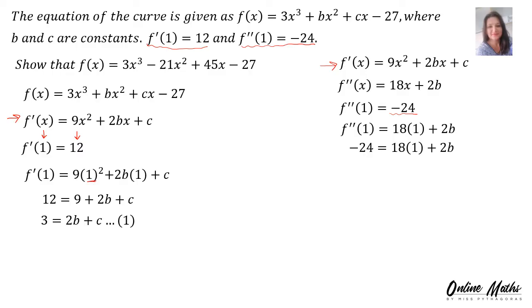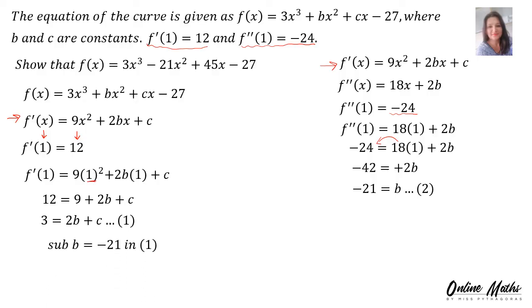So there I will substitute negative 24 and I will solve for b. Therefore, negative 24 equals 18 plus 2b. Let the 18 walk across, it becomes negative. Negative 42 is equal to 2b. Divide away the 2, and b's value is negative 21.